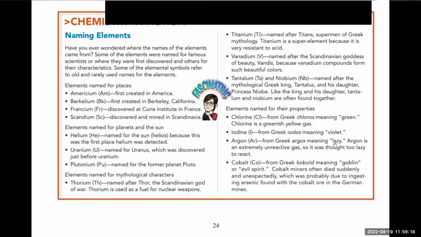Where is argon in the periodic table? In what group? In the group of the non-metals. And how do you call the last group where the argon is? How do you call that last group?